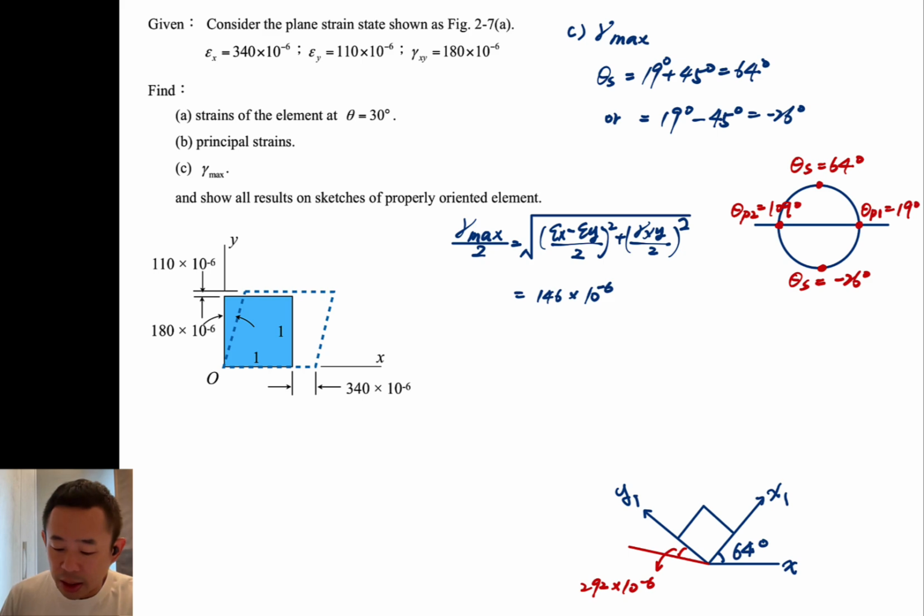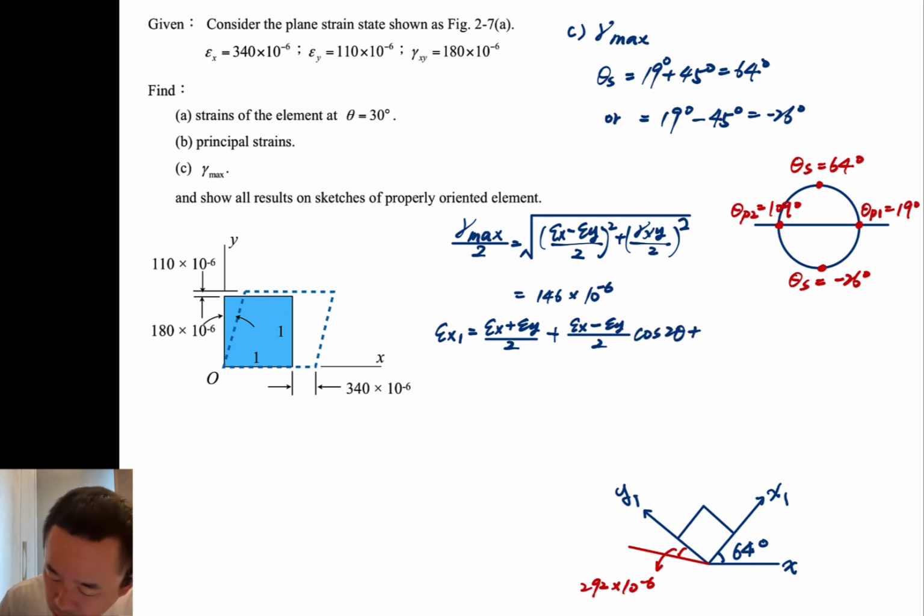Okay, but again, we know that when the gamma mix occurred, we still have the normal strain occur, right? So we haven't done it yet, right? We need to have the epsilon x1. So it will be epsilon x plus epsilon y divided by 2, plus epsilon x minus epsilon y divided by 2 cosine 2 theta plus gamma xy divided by 2 sine 2 theta.